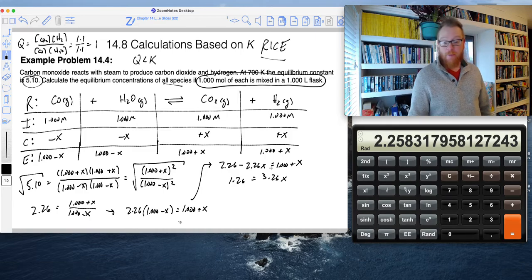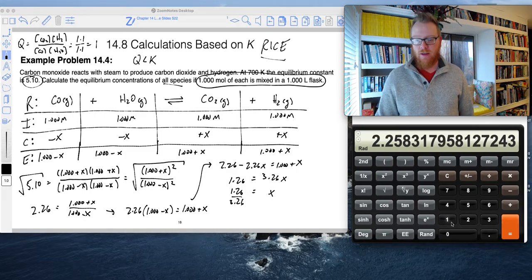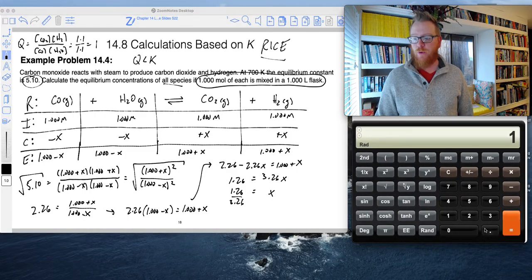Then I can just divide both sides by 3.26, and x equals 1.26 divided by 3.26. And so you can see that was really straightforward. I didn't need any quadratic equation or anything.